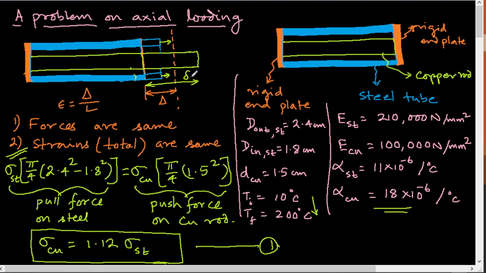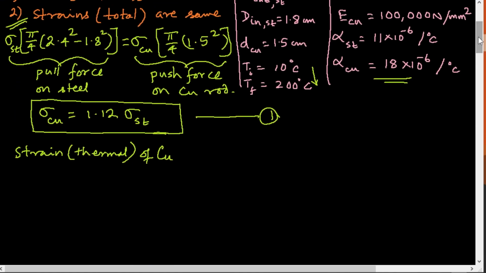Suppose this is delta copper. This delta copper over L would have been the thermal strain, but then this has been compressed by this amount now. So minus, and because of that, what will be the strain? So sigma copper divided by E of copper. So that is the strain, right?